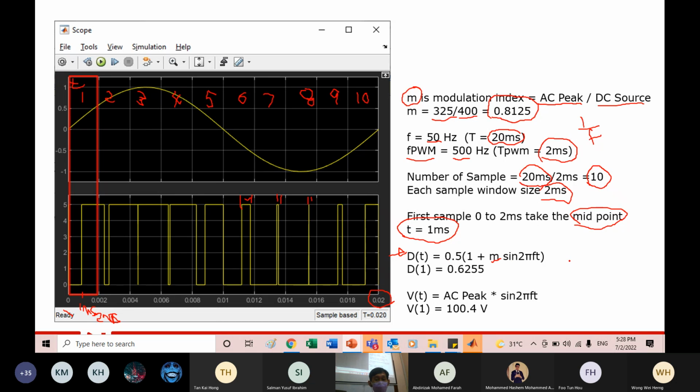If you get all this correct, you will get this number. It tells you that this modulation is 0.6255, which is 62.55%.